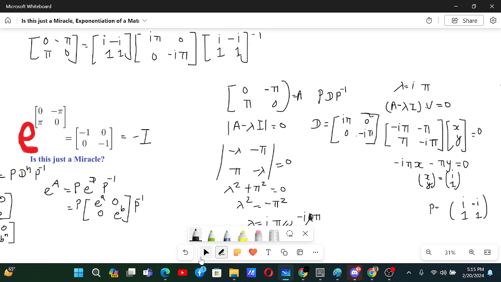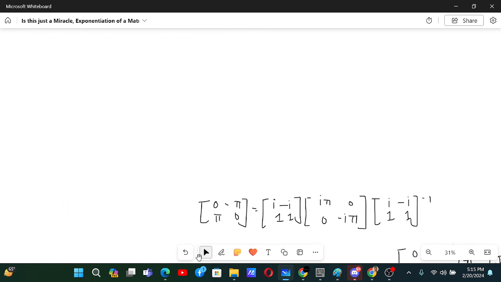Now if we have to raise a matrix to the power of e, then we know that we can only raise these elements to the power of e. So we get e to the power 0 minus pi pi 0, which is equal to, we can just raise the diagonal elements of the diagonal matrix only, because I have already proved why we only do that in one of my previous videos.